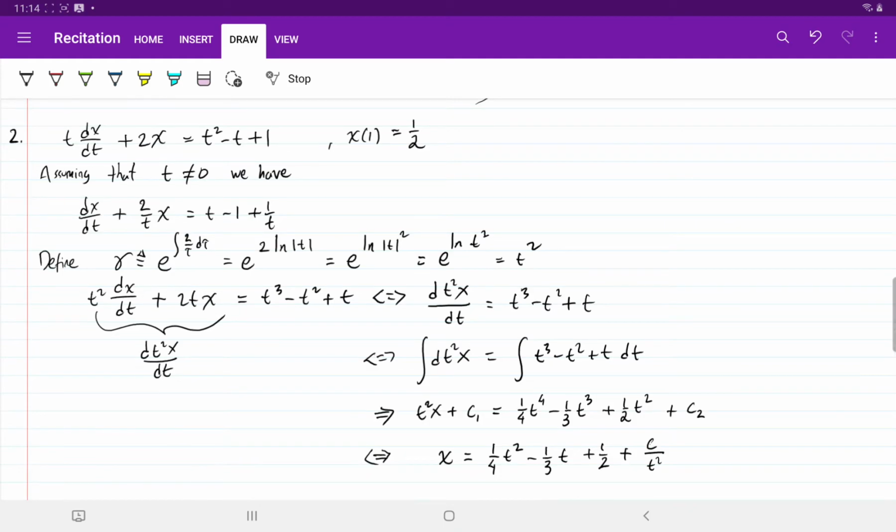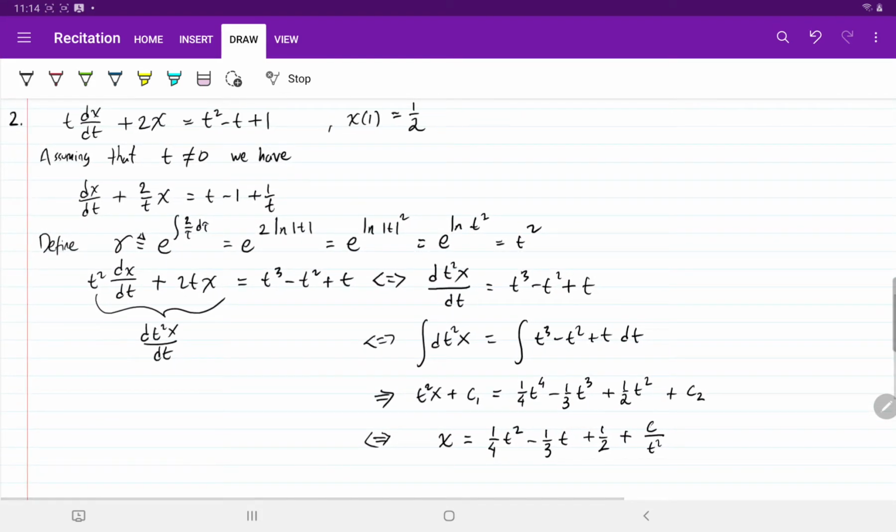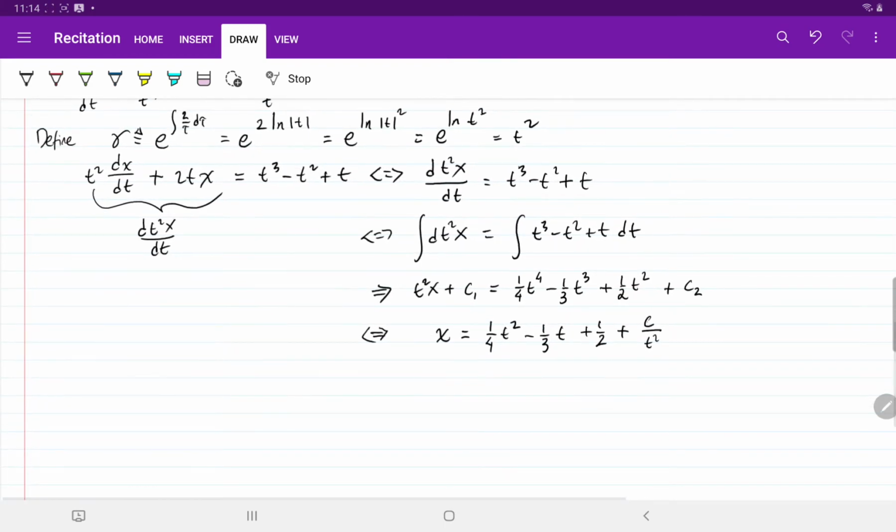Now we need to find c given this initial condition, right? So the initial condition says that x1 equals 1/2. So when t equals 1, x is 1/2, right?